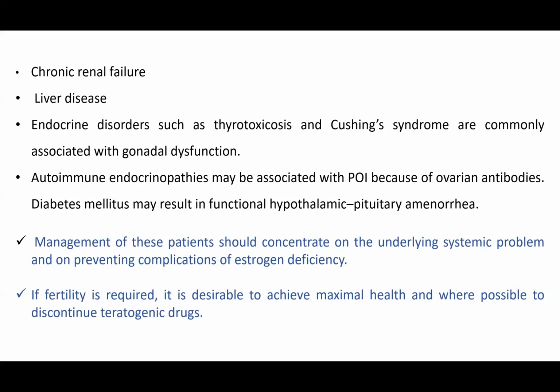Autoimmune endocrinopathies have been involved, and diabetes mellitus also. The patient's management should concentrate on treating the underlying disease and then preventing complications of estrogen deficiency. If fertility is the request of the patient, we have to achieve maximal health of the patient and then go to treatment for conception.